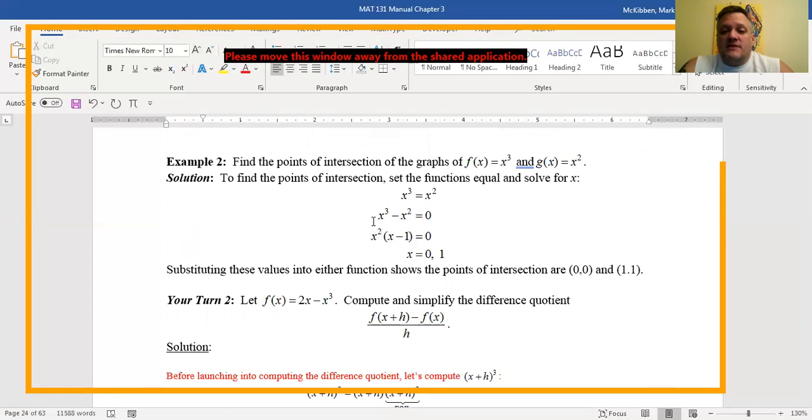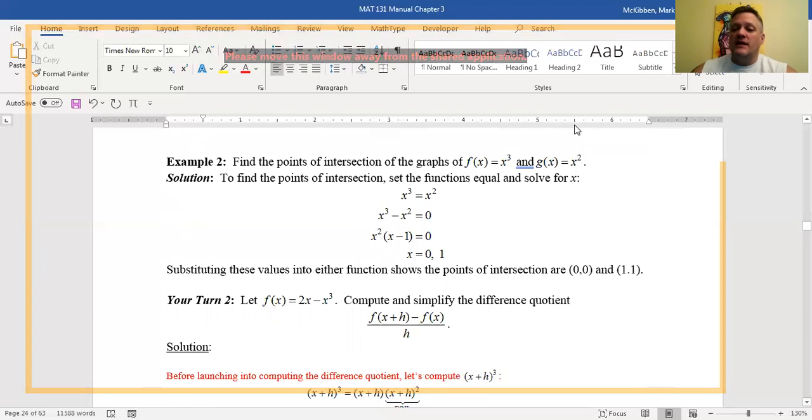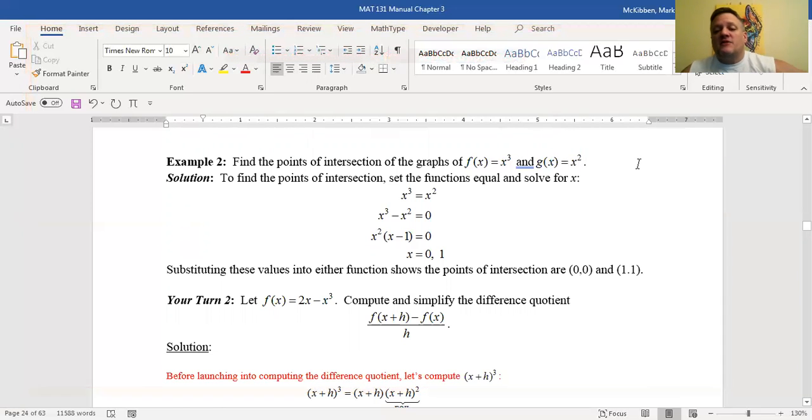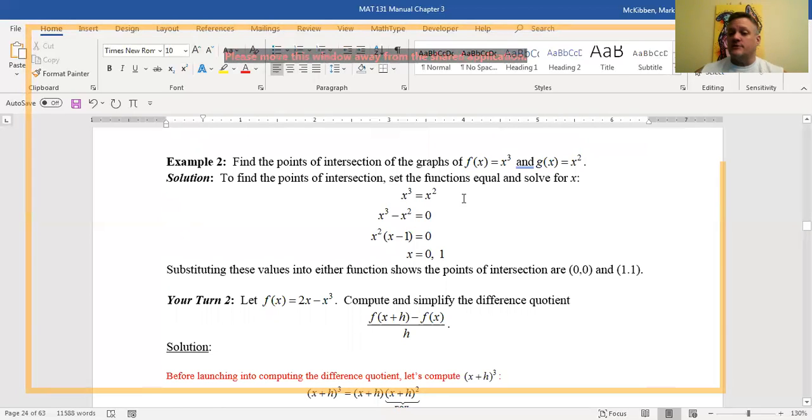So here we just ask a simple question: when does the cubic graph and the basic quadratic graph intersect? For any two functions, no matter what you put in for x cubed or x squared, to find where they intersect, you simply set them equal to each other and solve for x.